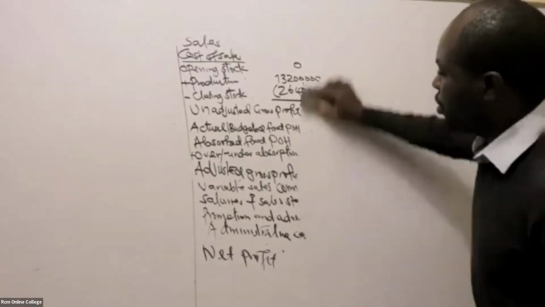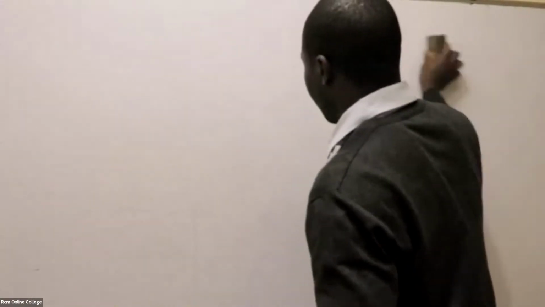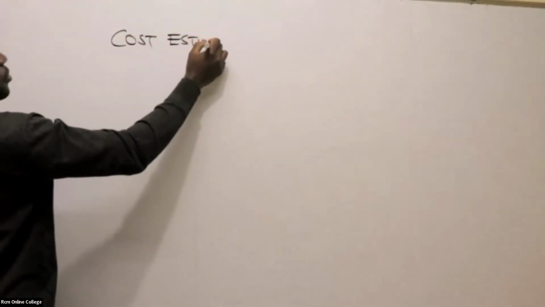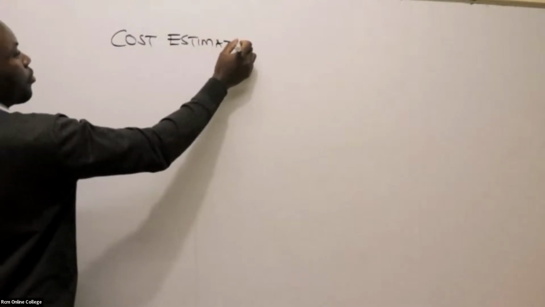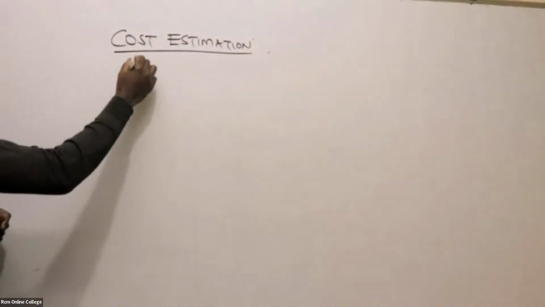Now, these are the things you are going to meet. These are the things you're supposed to understand as early as today. So, this topic called cost estimation, and this key method called regression.